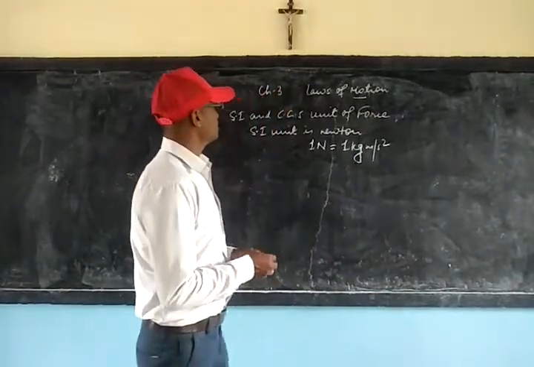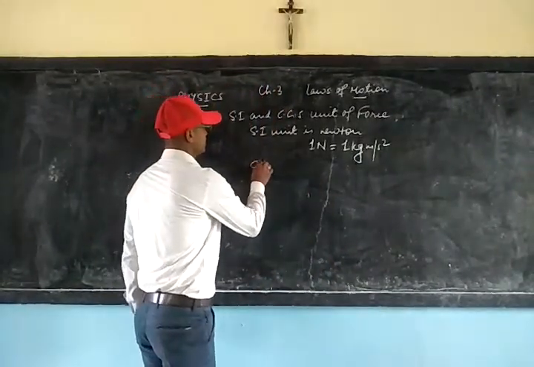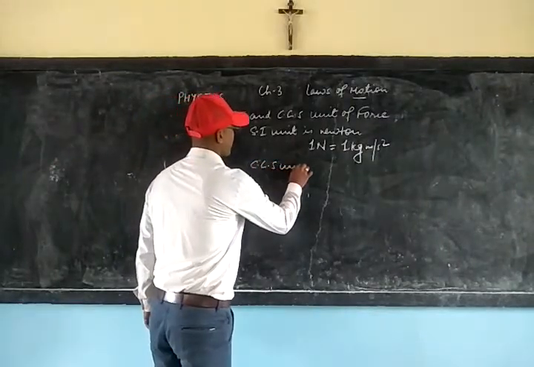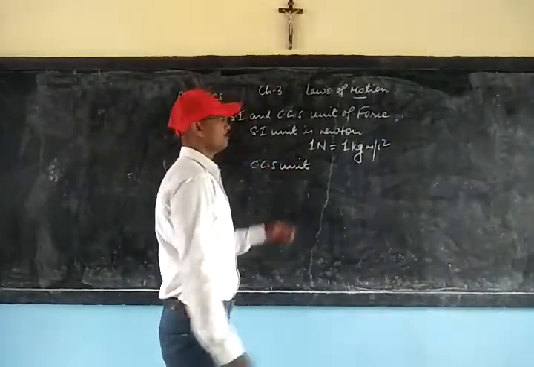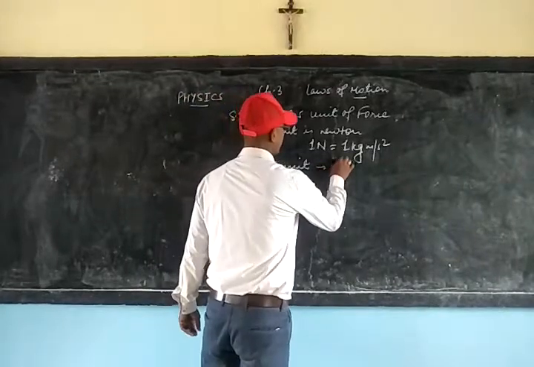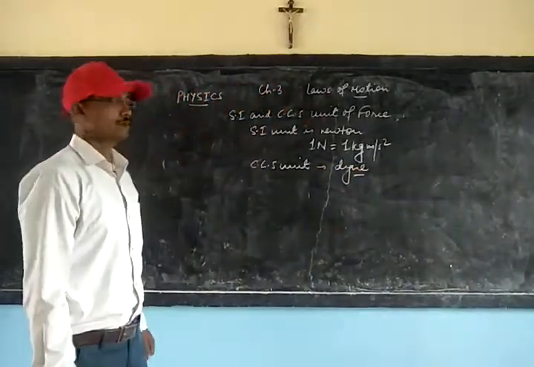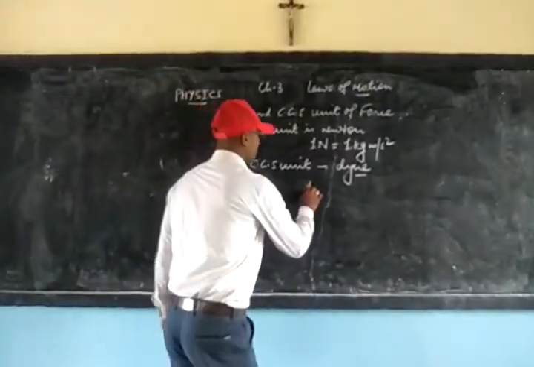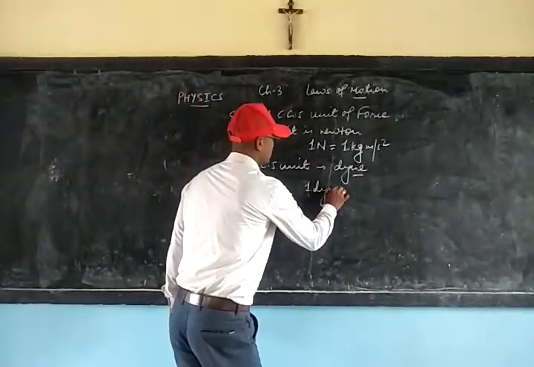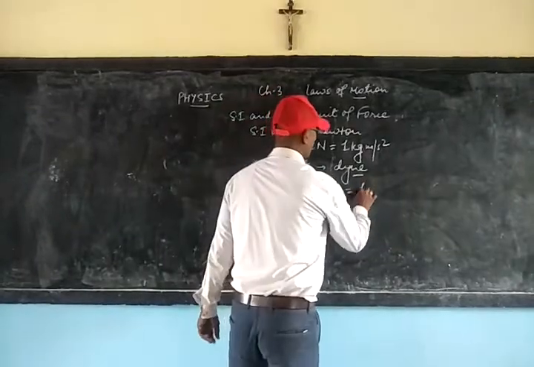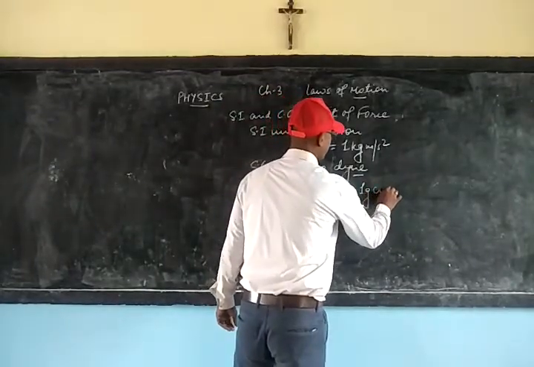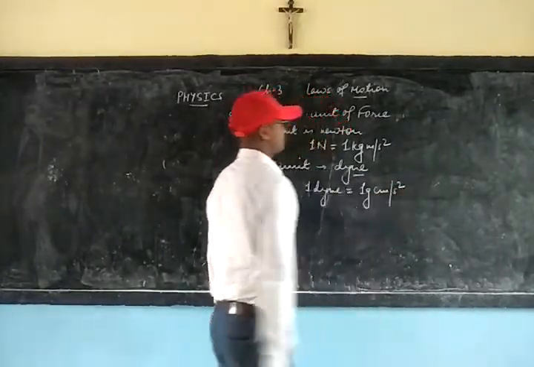Let us now come to the CGS unit. The CGS unit of force is dyne. We can write 1 dyne is equal to 1 gram centimeter per second square.